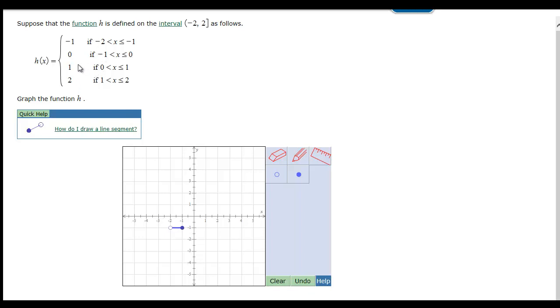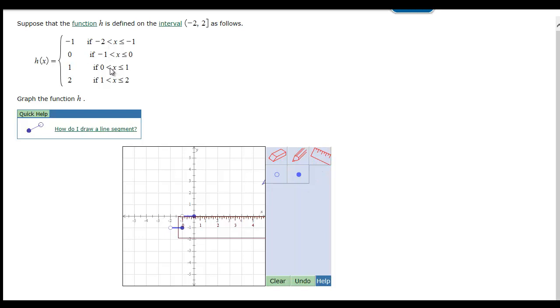Then when x is -1 and bigger, you have 0. And again, at -1 can't include, 0 is included, and all the points in between have the same y coordinate. So another line segment there, and you continue like that.